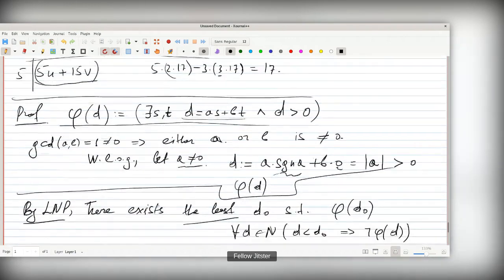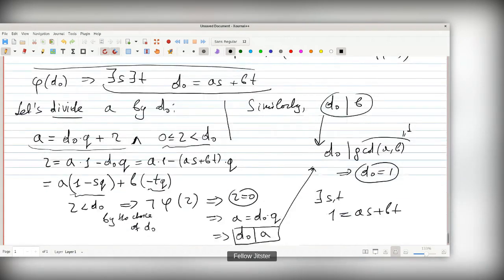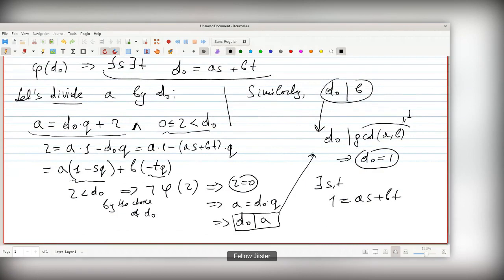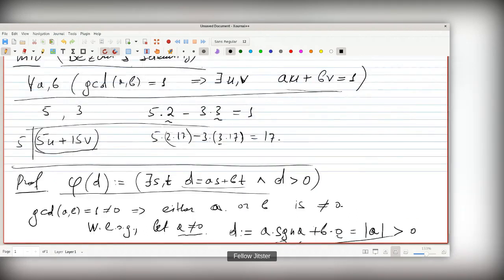How can one practically obtain this S and T? Later, we shall see how it is possible. It is not that hard. And the very last point of today's lecture is a slight extension of this result.